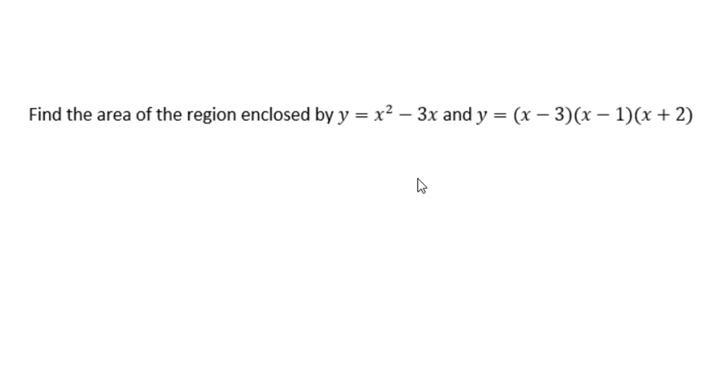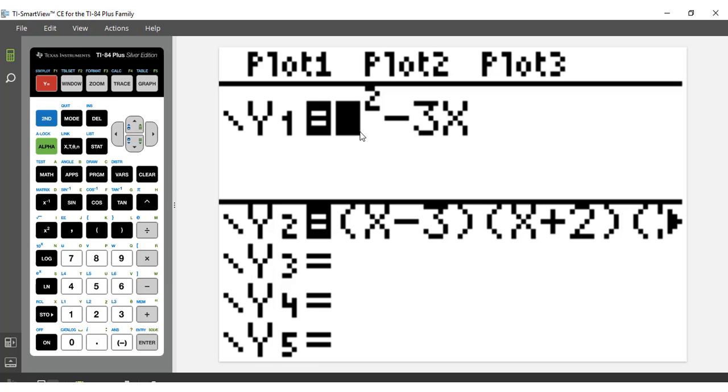Now let's go to an example. We have these two functions, y equals x squared minus 3x and x minus 3 times x minus 1 times x plus 2. We want to figure out the area enclosed by these two functions. y1 is x squared minus 3x, y2 is x minus 3, x minus 1, and x plus 2.